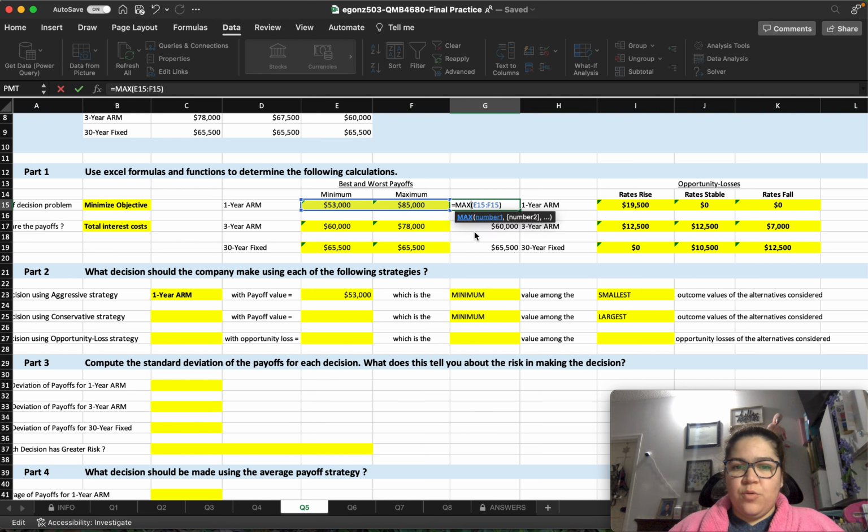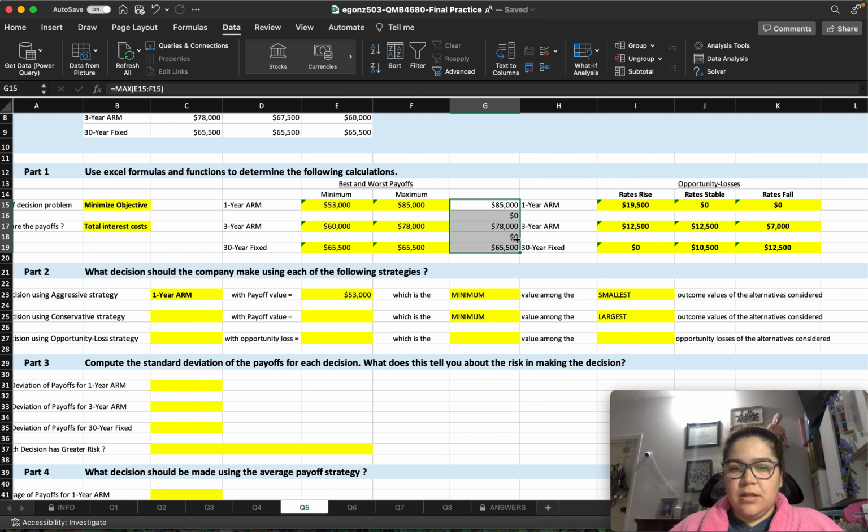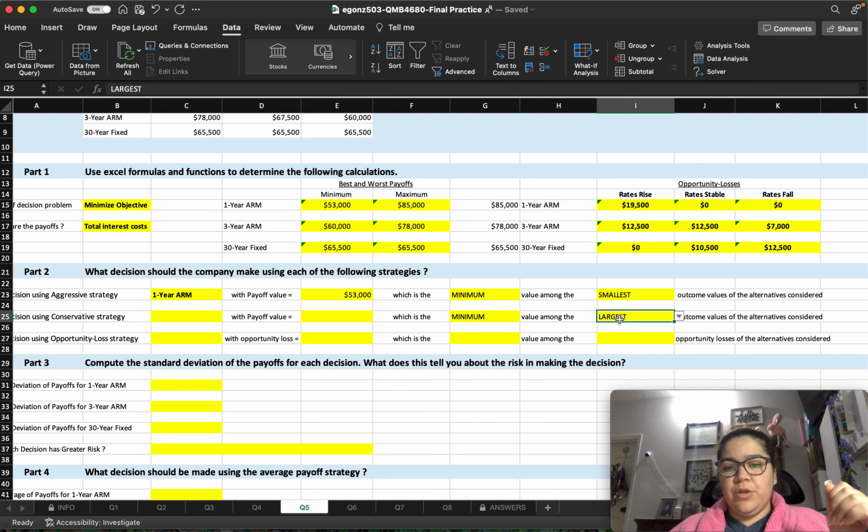I think the easier way to remember this, for me at least, is that it's the formula that we're going to replace in here. It's going to depend on the field that you select here. You see, when we did smallest, we did minimum, and now that we're doing largest, we're going to do the maximum. So out of these maximum values, I want to pay the lesser value, right?